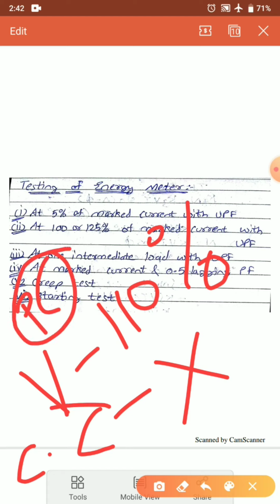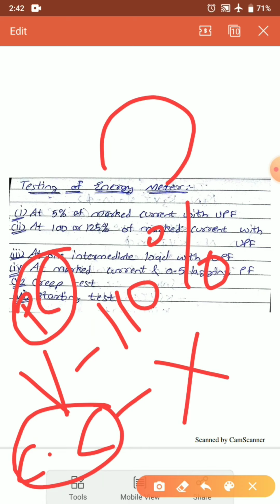Now at this condition, the disc that I have connected should not creep, because we have already discussed creep adjustment. We have seen that two diametrically opposite holes are placed. At this condition, there should not be rotation of the aluminium disc, and no energy should be recorded. This is the creep test.